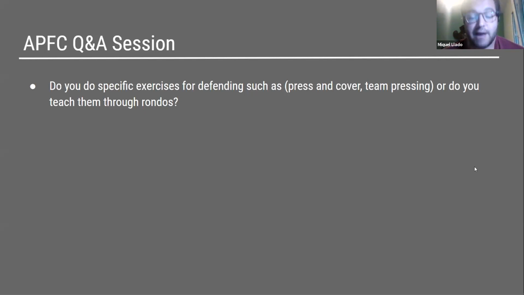We assume that we have the ball and we would love to play with it to score a goal using positional style or the individual foundations or some specific team foundations. But when we don't have the ball, we really should try to understand how we can recover it as quickly as we can. One thing would be in the scenario of a transition, or the other thing would be what happens if a team outplays you and they are really having the control.